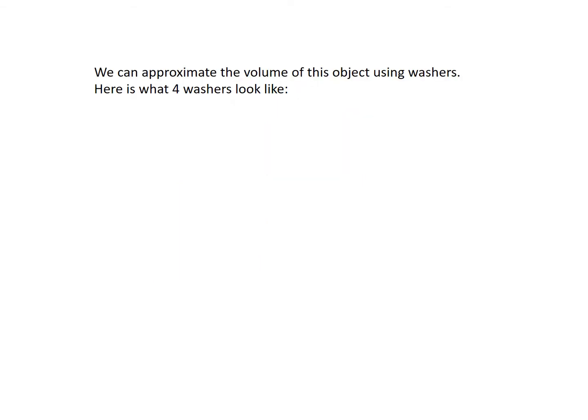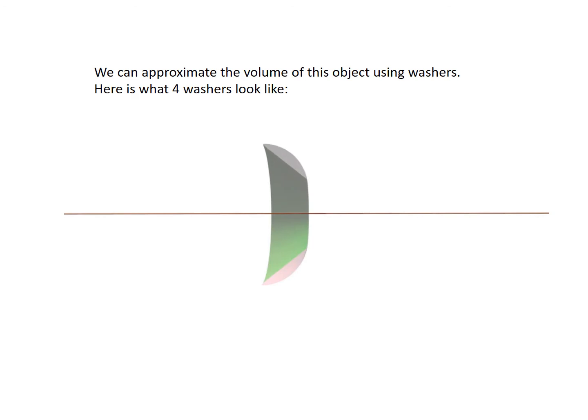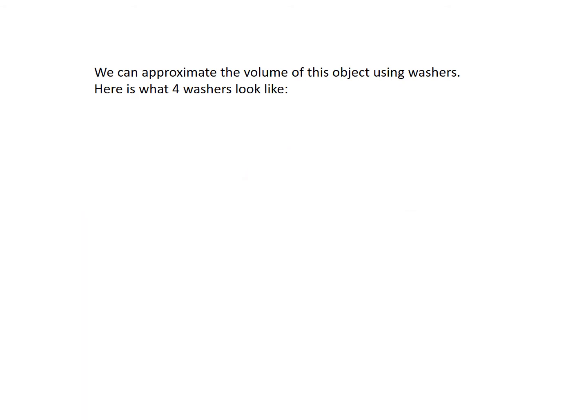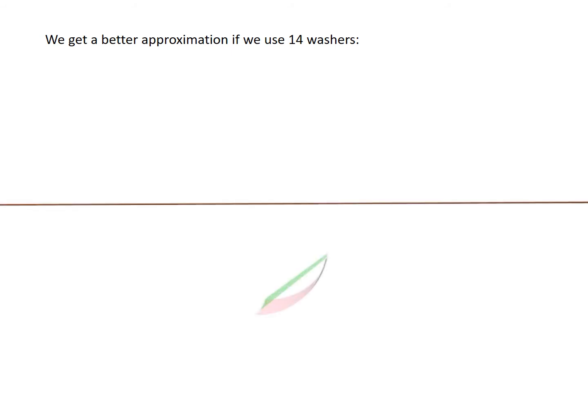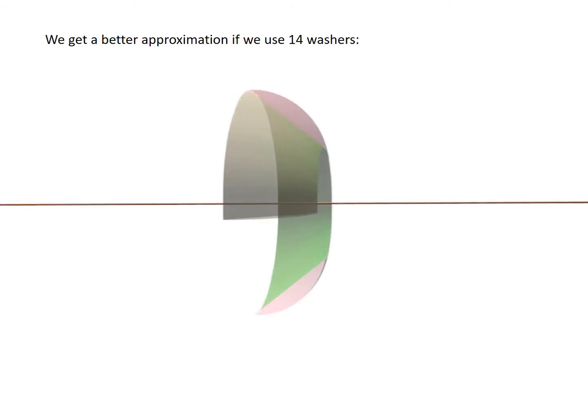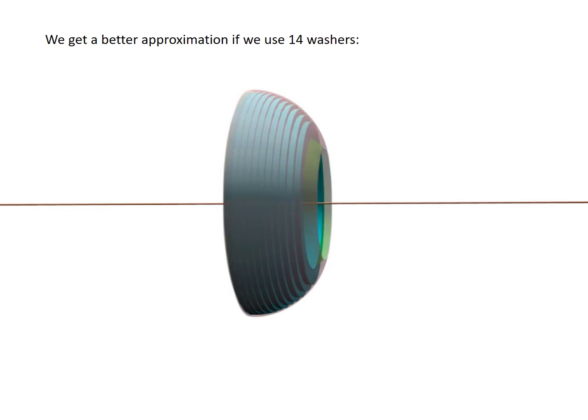So we can approximate this volume using washers, and if I have 4 washers, I'll get a crude approximation adding up the volume of these 4 washers. If we use more washers, we get a better approximation. So here's an illustration where we have 14 washers. That's one view of it.